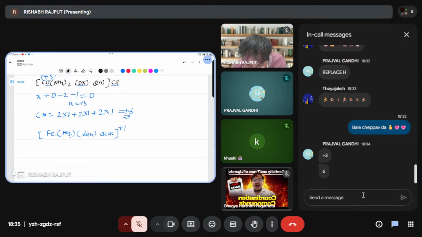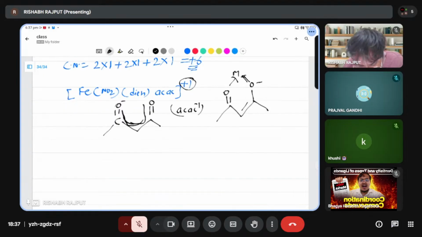This is a shortcut form. So in the question, how to find it? Include the +1 outside, and I think the +3 answer will come.